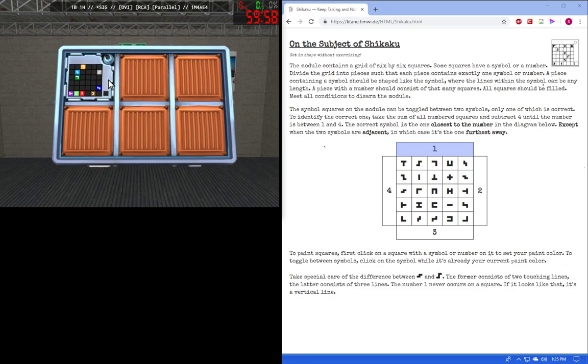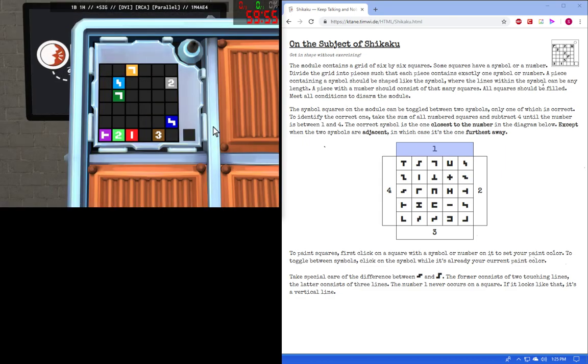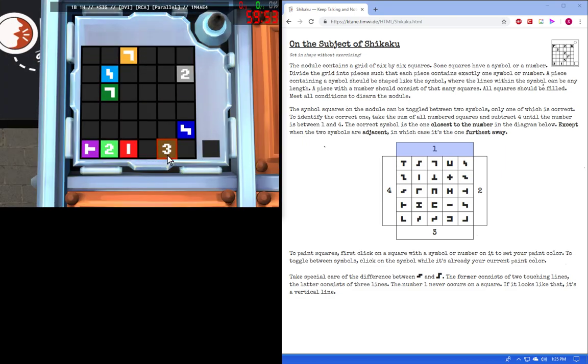So for this next one, we have, okay, 2, 4, 7. 7 minus 4 is 3, so 3 is our number here. So we have L in the top right and I on its side. So we would have I on its side here, in this case.